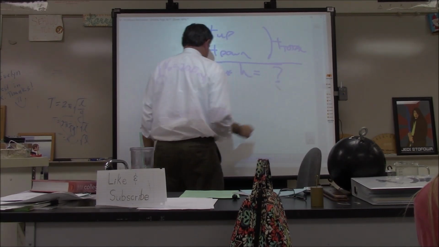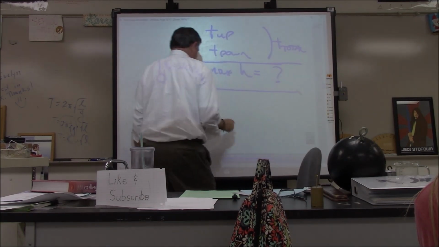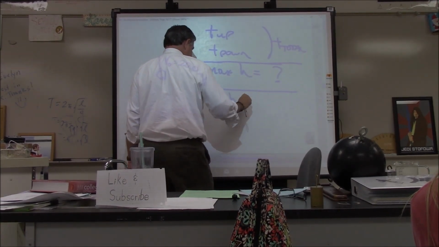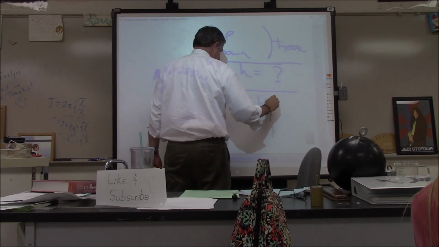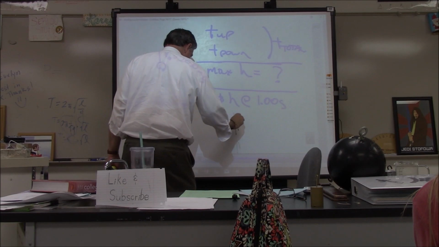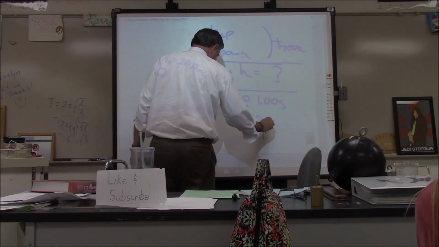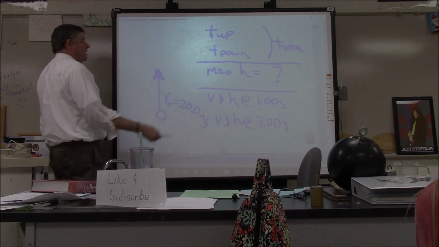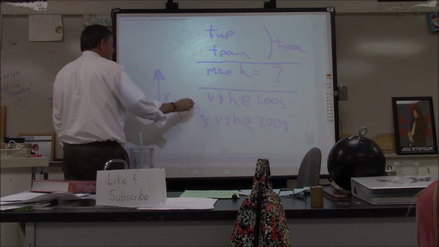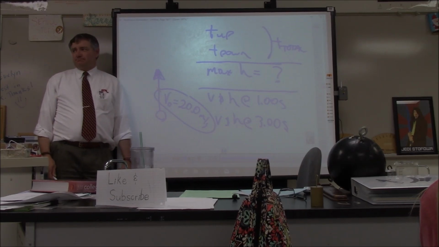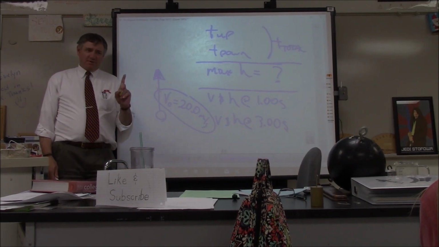And then I also want to know the velocity and height at 1 second, and the velocity and height at 3 seconds. So I want to find all of this only knowing one number.